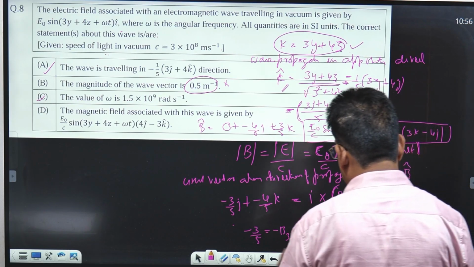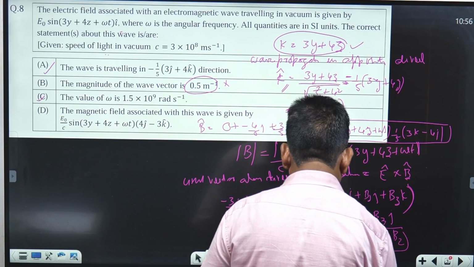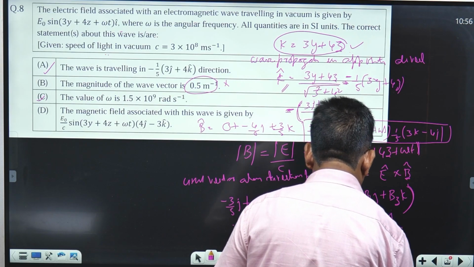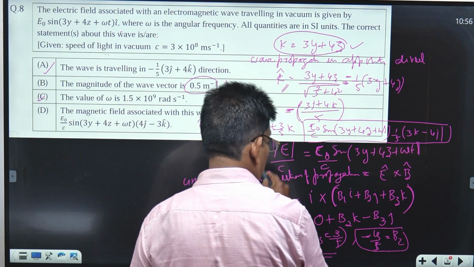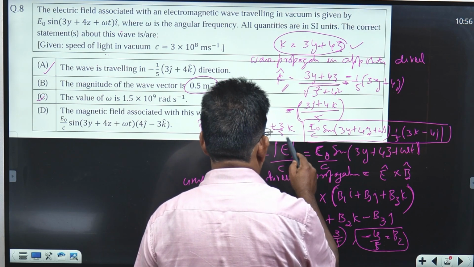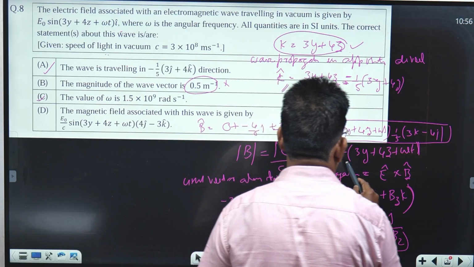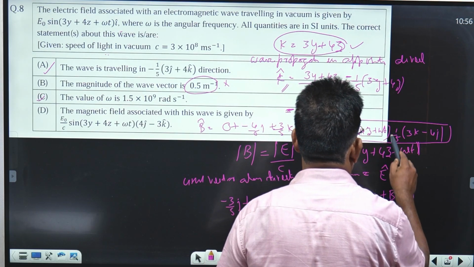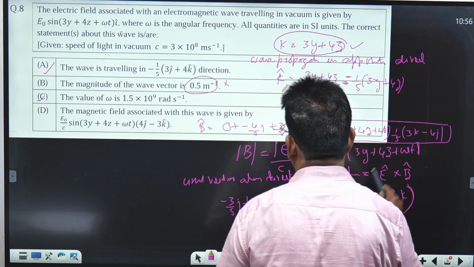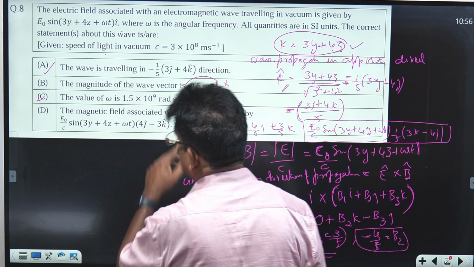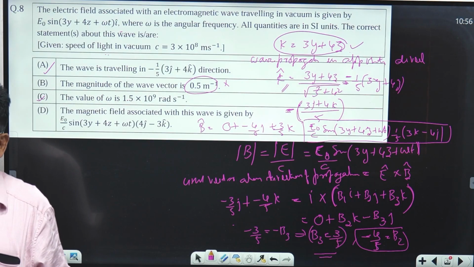Now equating k terms and j terms, the i term is 0. I got b3 equal to 3 by 5, b2 equal to minus 4 by 5. Coming back, the unit vector is minus 4 by 5j and plus 3 by 5k. Then the vector is E0 by c sine of (3y plus 4z plus omega t) times the unit vector. The unit vector is (3k minus 4j) by 5. But here it is given as 4j minus 3k, and not divided by 5. So option D is wrong.